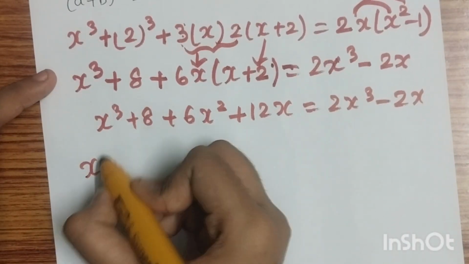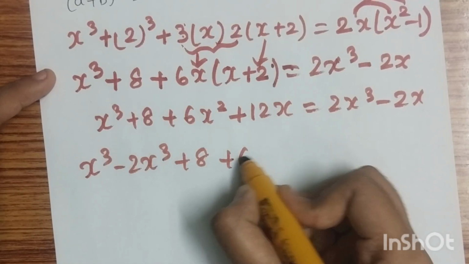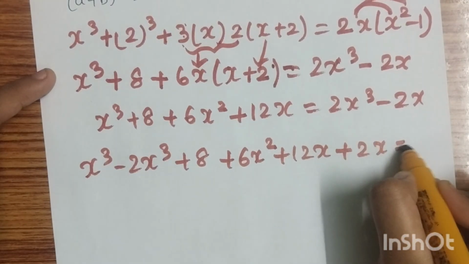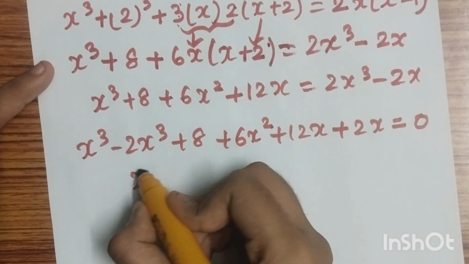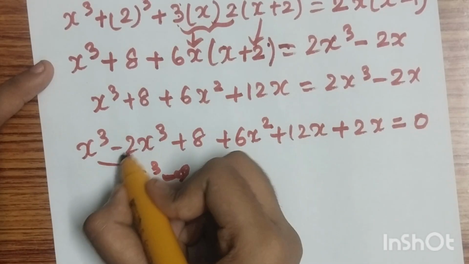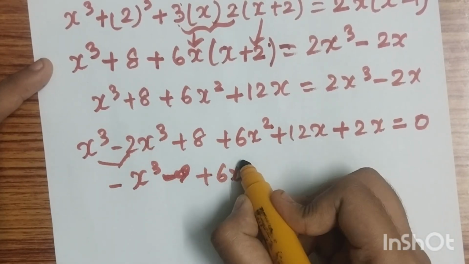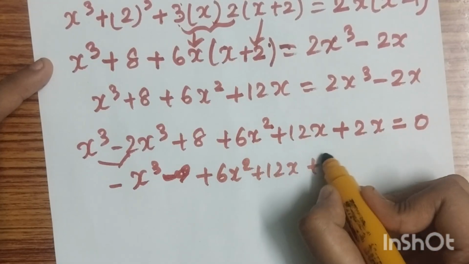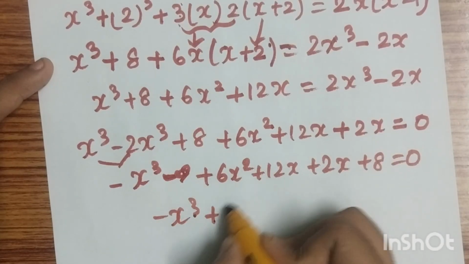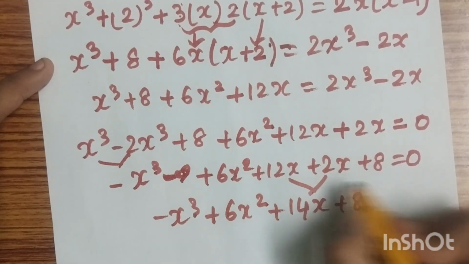So shift this here. So x cube minus 2x cube plus 8 and then plus 6x square plus 12x plus 2x is equal to 0. So I'll be getting minus x cube plus 6x square plus 14x plus 8 is equal to 0.